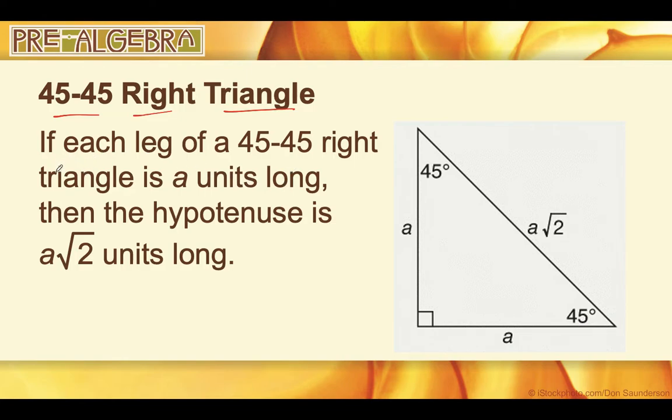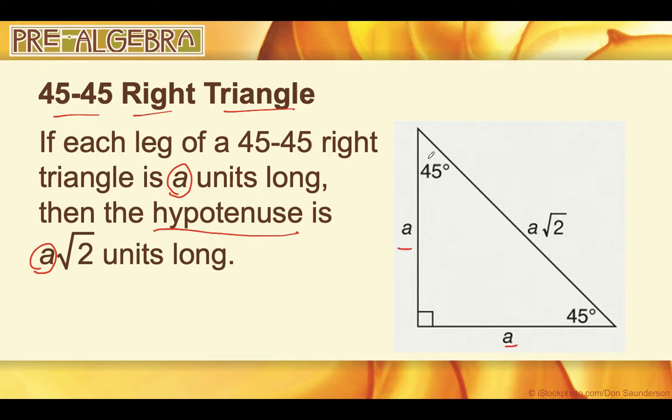Here we go. If each leg of a 45, 45 right triangle is a certain number of units long, we don't know what the units are right now, just some unit long, and it has to be a positive number greater than 0, then the hypotenuse is whatever A is times the square root of 2.